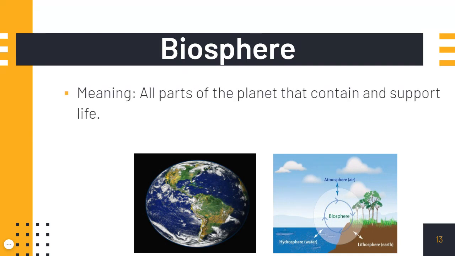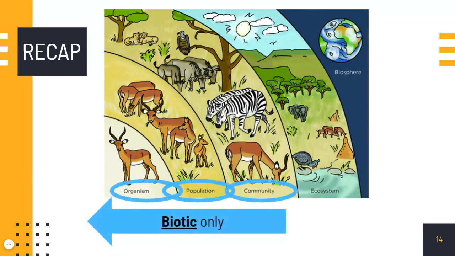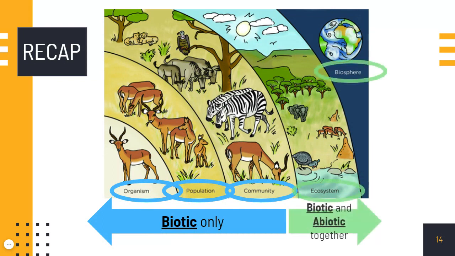And biosphere are all parts of the planet that contain and support life. Our example, the Earth. So to recap, our biotic factors are organisms, populations, communities, and our biotic and abiotic together would include your ecosystems and your biosphere.